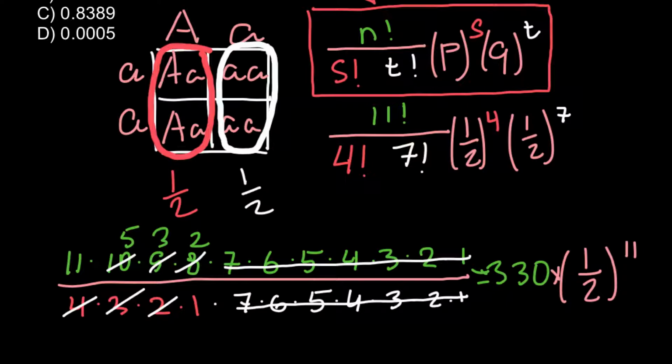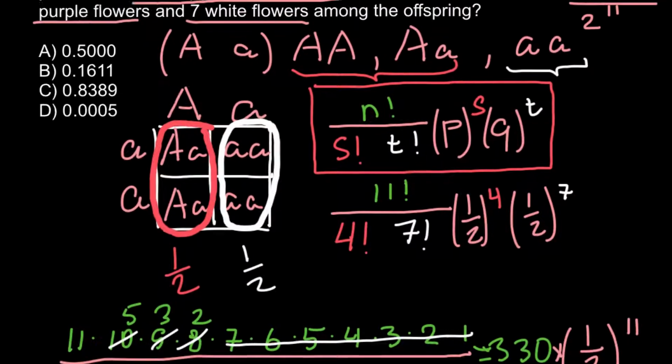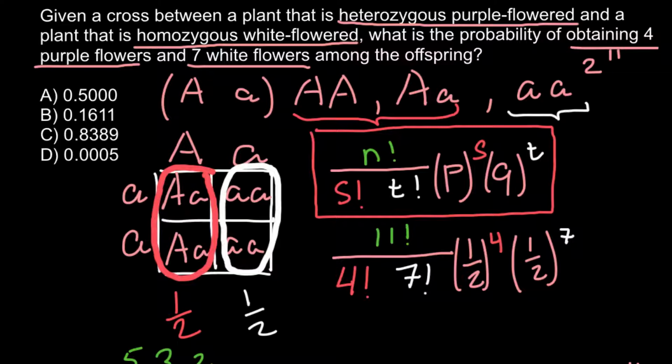And if you use a calculator and do these calculations and multiply this number by this number, the answer would be 0.1611. If you need an answer in percentage form, we have to multiply this number by 100 or move this decimal point 2 places to the right. In percentage form, this is going to be 16.11%. Let's check our answers. And as you see, this is answer B.